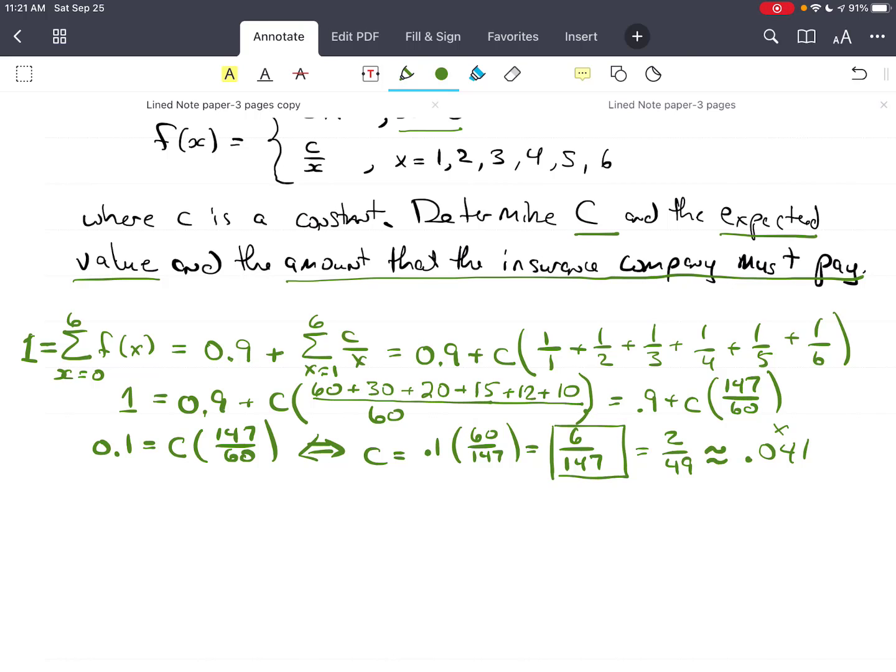There's no loss as far as due to some event. The 0.9 is probably due to costs of operation or some other factor that we're not told about. So I won't speculate too much. Okay, so we want to find the expected payout of the insurance company.